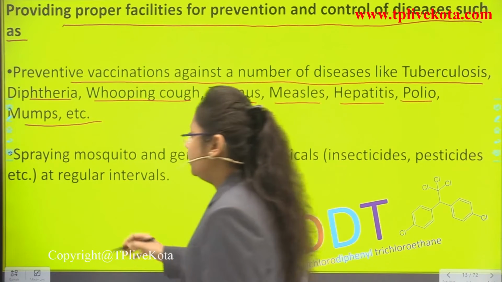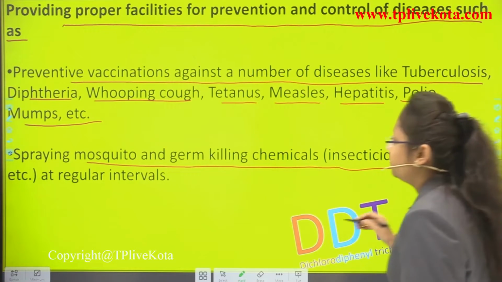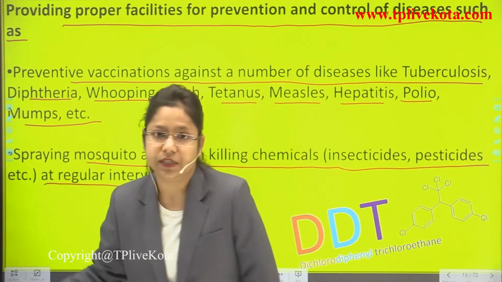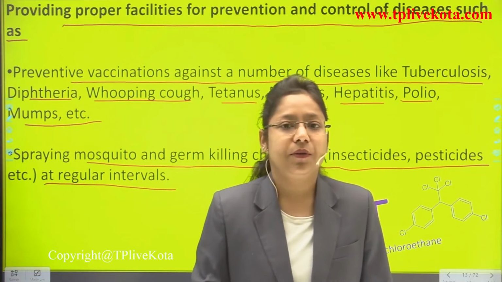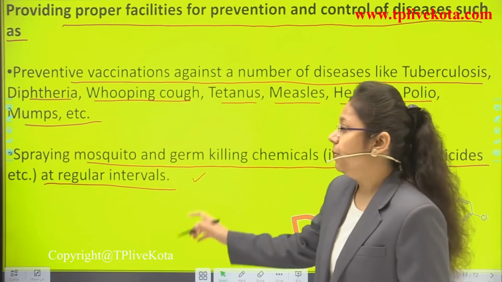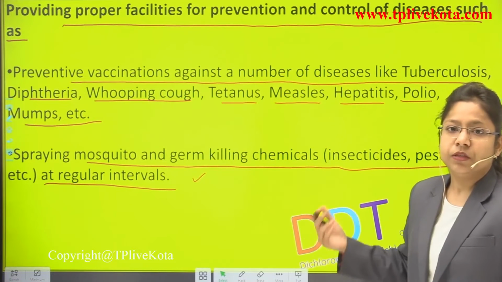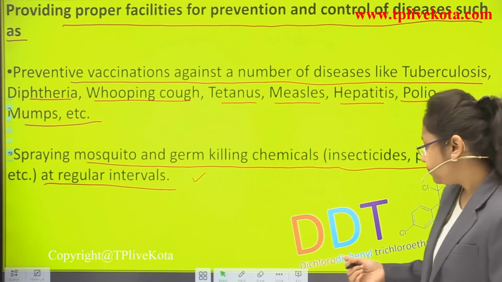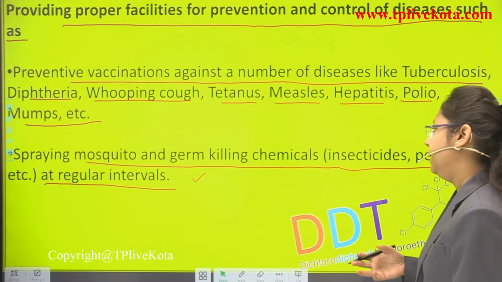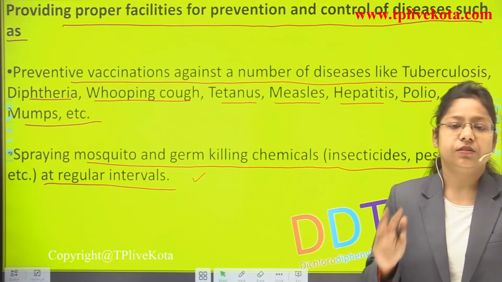Okay, now next, spraying mosquito and germ killing chemicals, insecticides, pesticides at regular intervals. So government has to provide this facility to protect the environment, to protect the community by spraying mosquito and germ killing chemicals. Okay, germ killing chemicals like the dichlorodiphenyl trichloroethane, DDT, is the most common chemical which is sprayed on the roads.